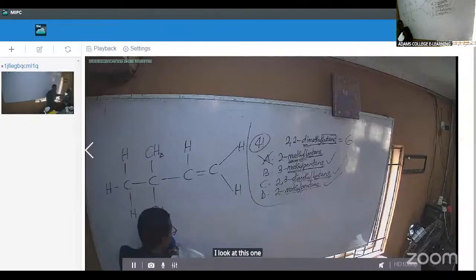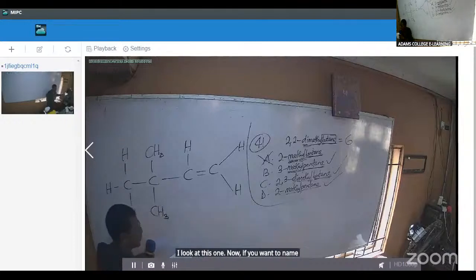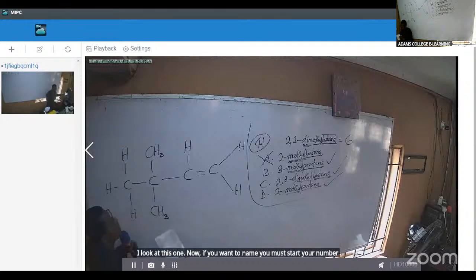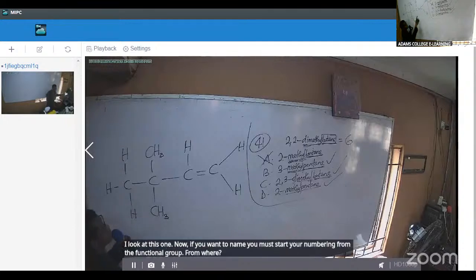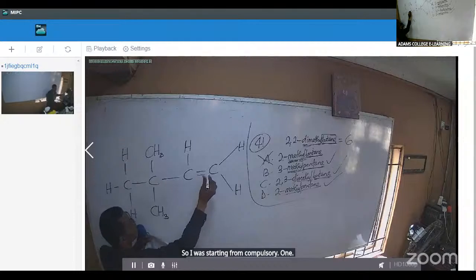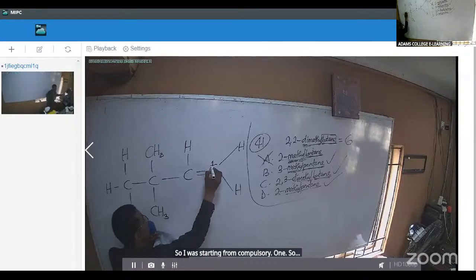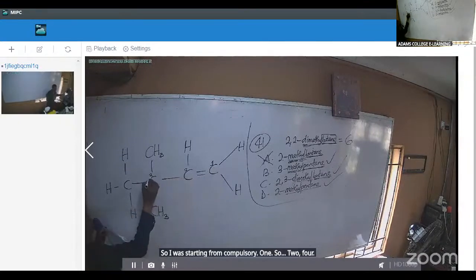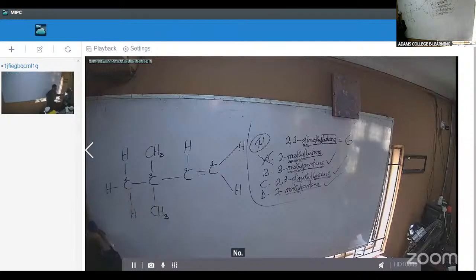Look at this one. Now, if you want to name, you must start your numbering from the functional group. From where? See your functional group here, double bond. So I will start compulsorily: 1, 2, 3, 4. Can I say 5 and 6? No, continuous chain. This one was not numbered.